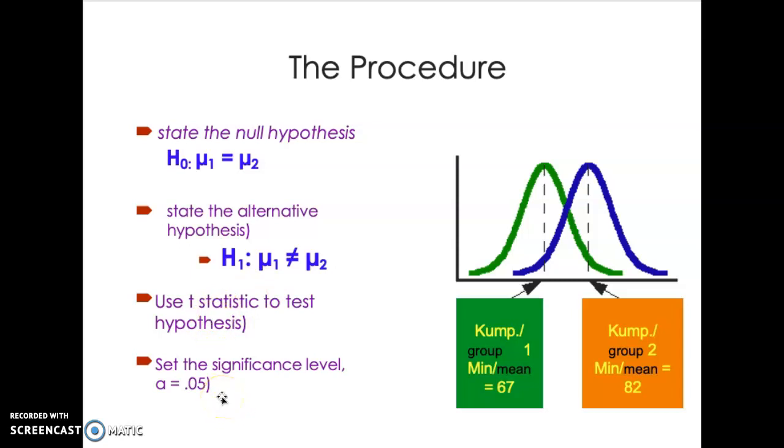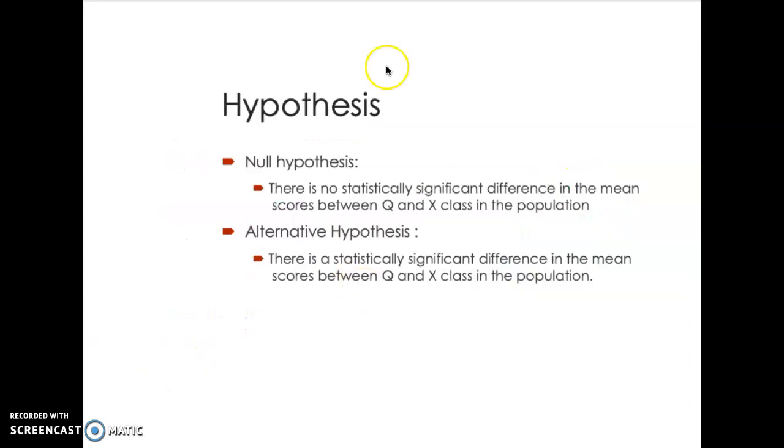We use this statistic to test the hypothesis. And of course, you need to set the alpha value for the significance level. Usually the alpha value would be 0.05. So now we want to compare the mean of group 1 and the mean of group 2. For the hypothesis, there's another way of writing it instead of using symbols, where you can use words.